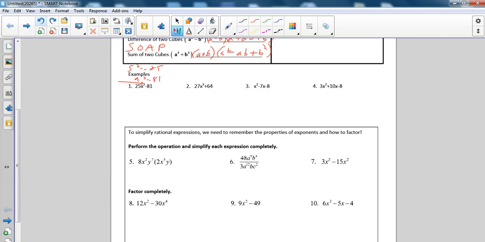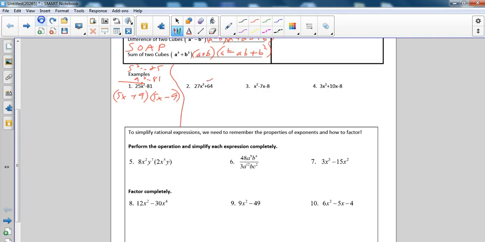So the square root of x squared is x. The square root of x to the 4th is x squared. The square root of x to the 6th is x cubed. So we're looking for even exponents for the difference of two squares. And then we just break it down into the square root of the first term, square root of the last term, 1 plus, 1 minus, we're done.